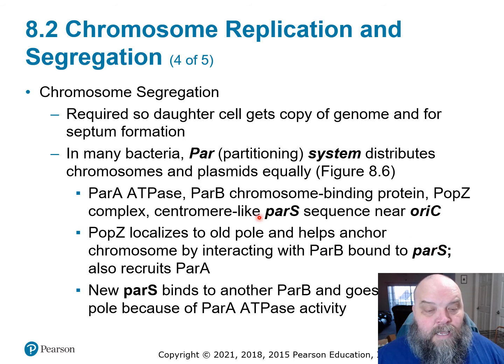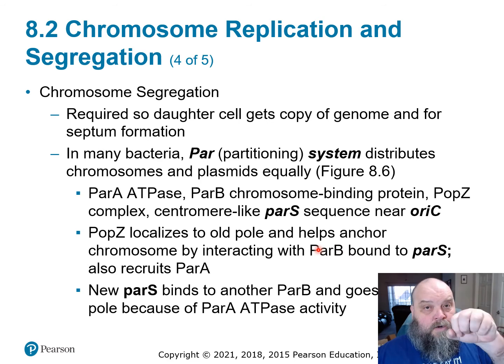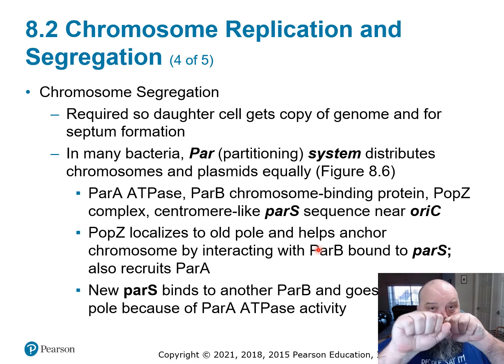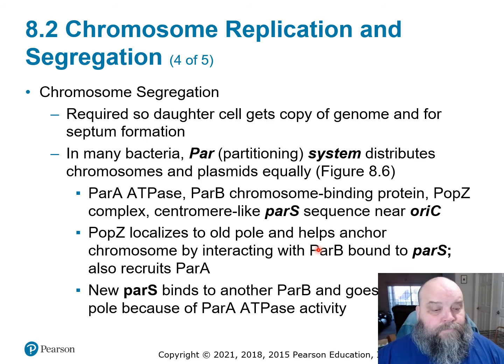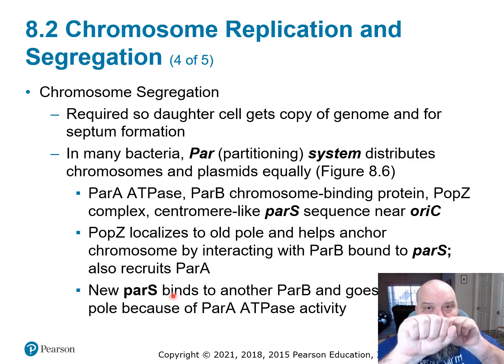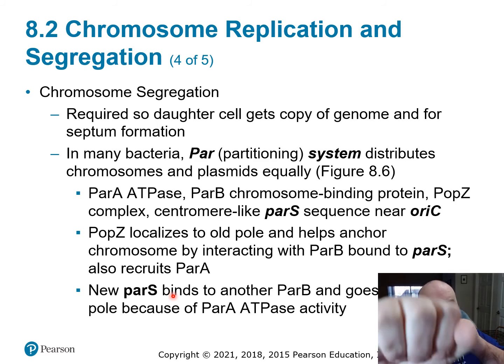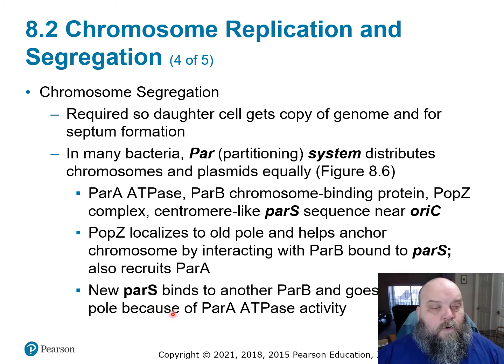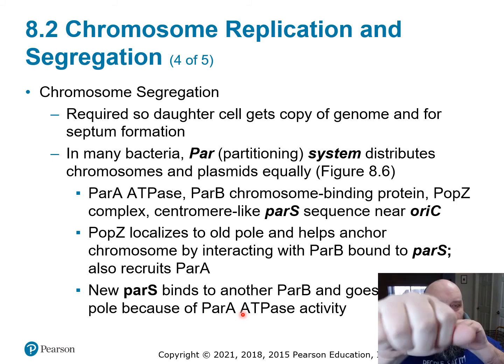Because remember, the ParS is going to be here, PopZ is going to be anchored. This will allow, so we have, here's the old, and as the new is being made, it can be pulled away. ParS binds to another complex of ParB, and that is what's going to be pulling away the new chromosome.